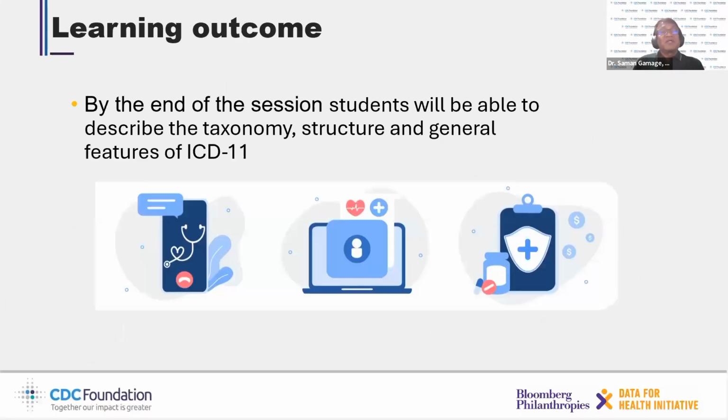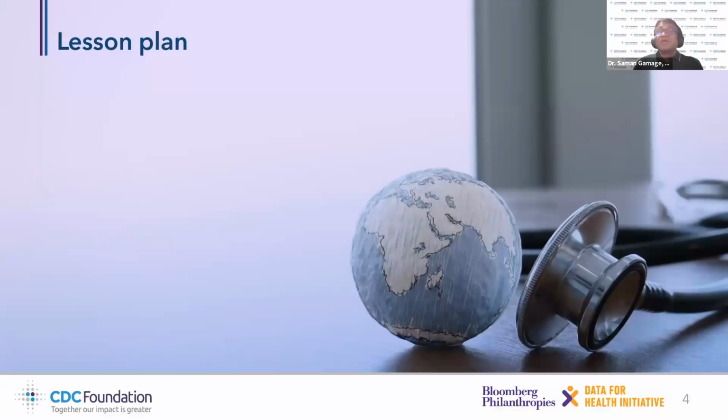Here is the expected outcome of this session. By the end of the session, students will be able to describe taxonomy, structure, and general features of ICD-11. Here is my lesson plan for today. I will start with the taxonomy and structure.